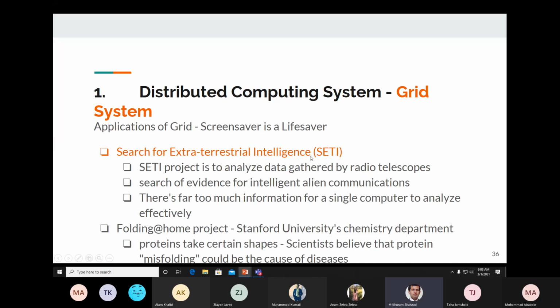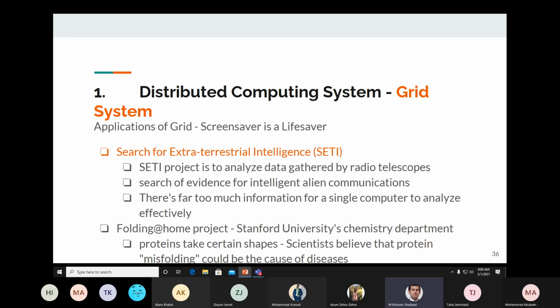These are some of the applications of distributed grid systems. This is a very large project, and it requires a large amount of processing of signals received from different sources, for example, different planets and different stars.